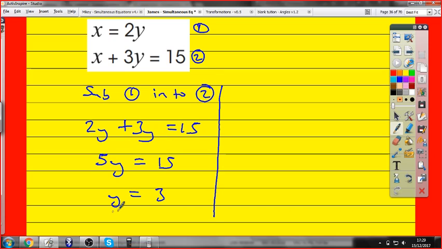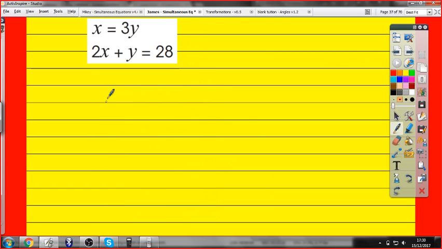And if y equals 3, x equals... If y equals 3, then x must equal 6. Well done. So it's literally just substituting what it is in. Okay, how about this one?